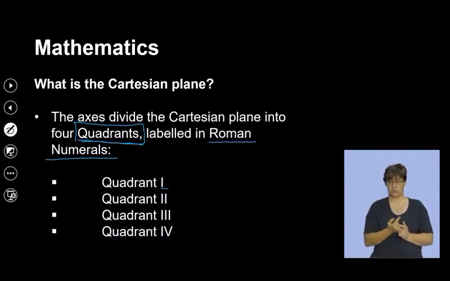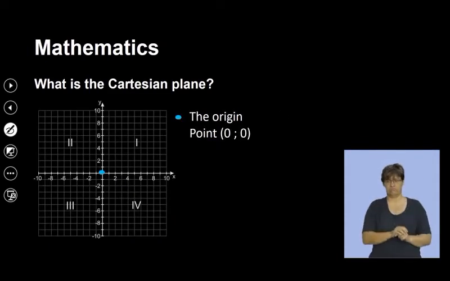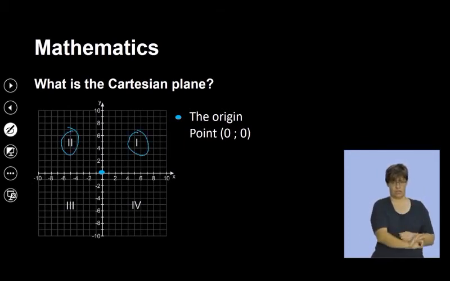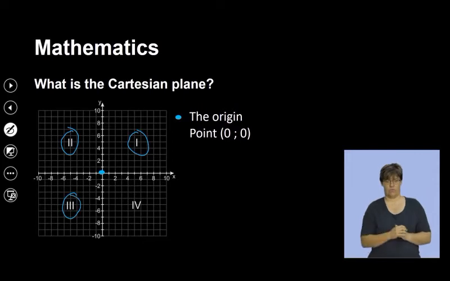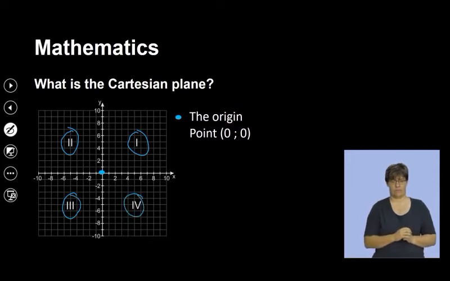You're not going to write 1 as a normal number, but as a Roman numeral. And then quadrant 2 with a Roman numeral, quadrant 3, and quadrant 4. But let's look at this on a Cartesian plane itself. This is how it will look. So this will be quadrant 1, that will be quadrant 2, quadrant 3, and quadrant 4.